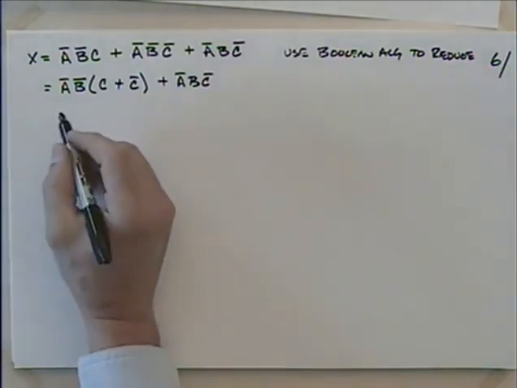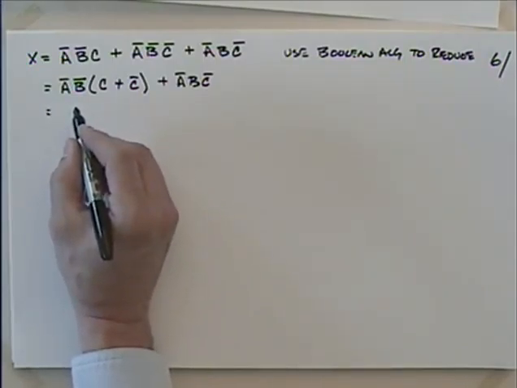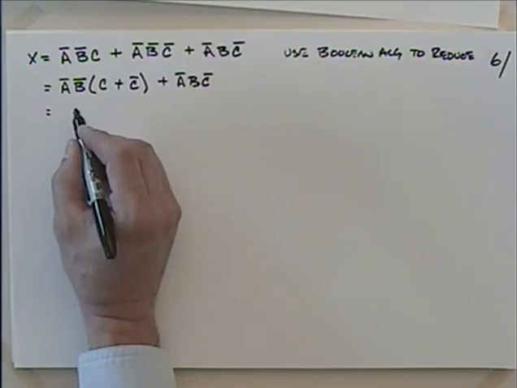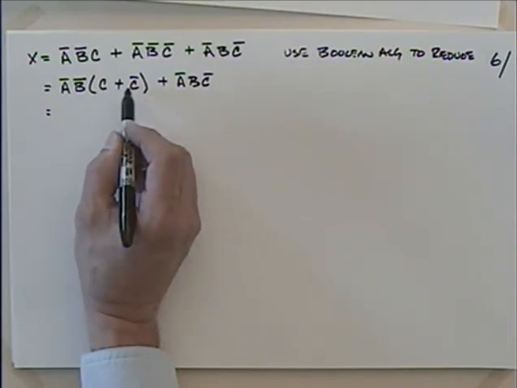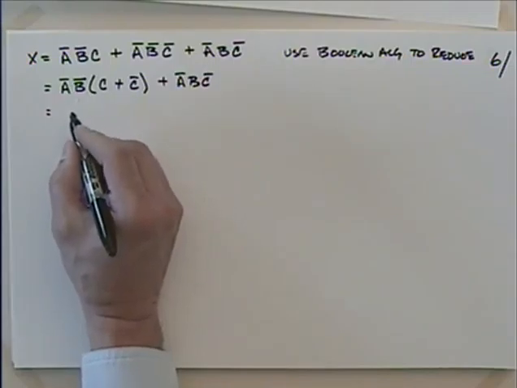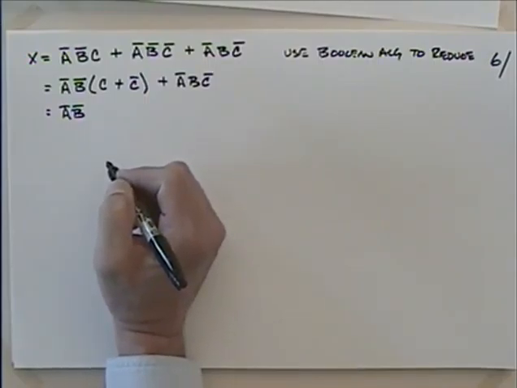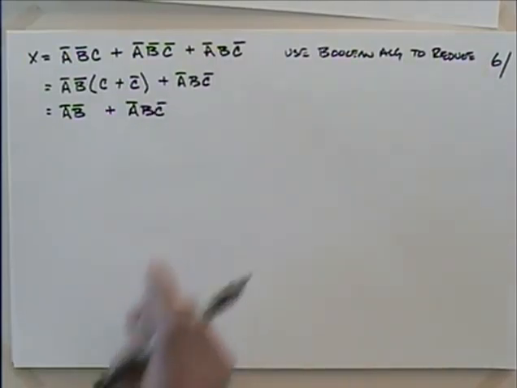What could I do with that? What's C or not C going to be? Yeah, that's just going to be 1, isn't it? And so this really just turns out to be whatever not A and not B is. Okay, so I have that. And then this last term's just going to tag along as I keep working through this step by step.